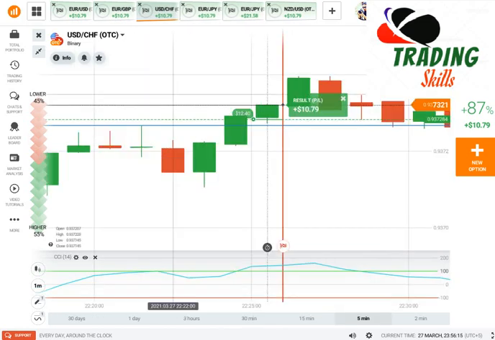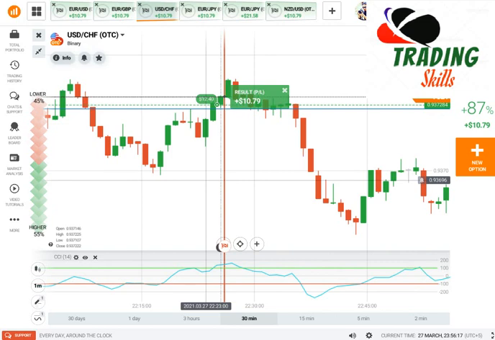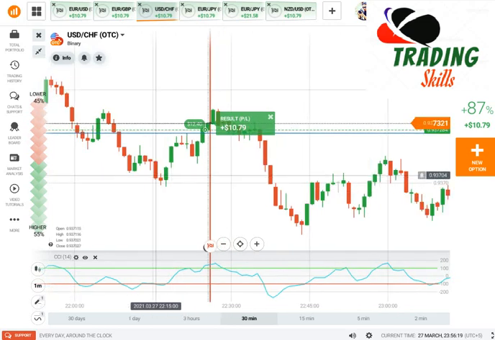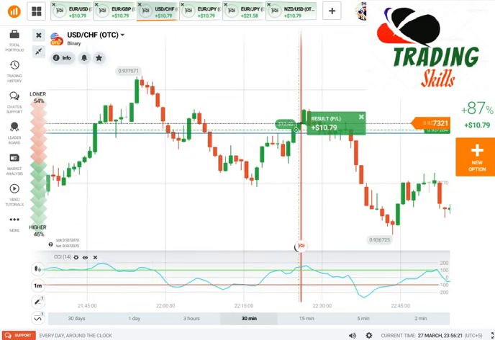Now I took my trade here with the continuation candle. Why? If you want to check this area, you can see this candle closed as a bullish and I took my trade with this candle. If I check the closing point of the candle, I am not seeing a level here.